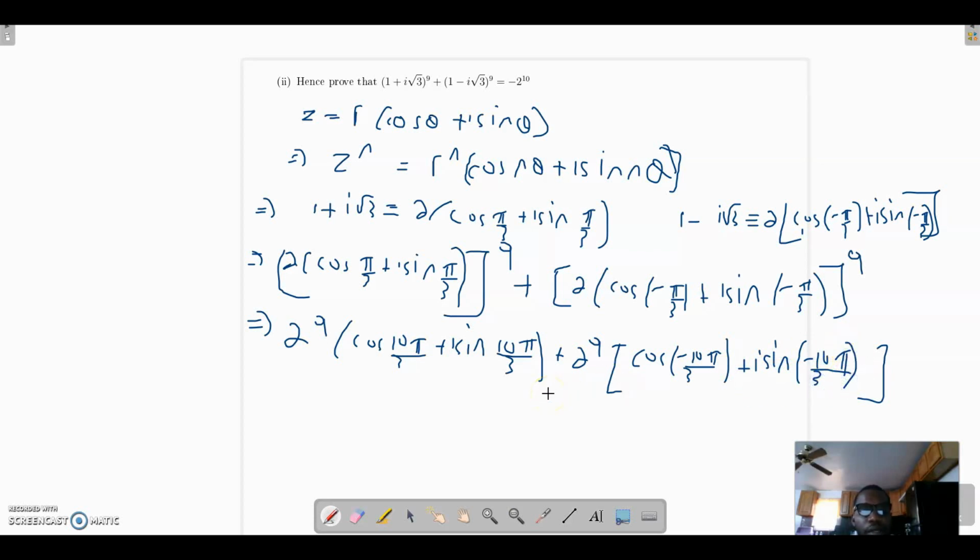Alright, all we need to do is plug this into our calculator. Actually, this should be 9 pi over 3, not 10, because the power here is 9. So my bad here. This would be 9.